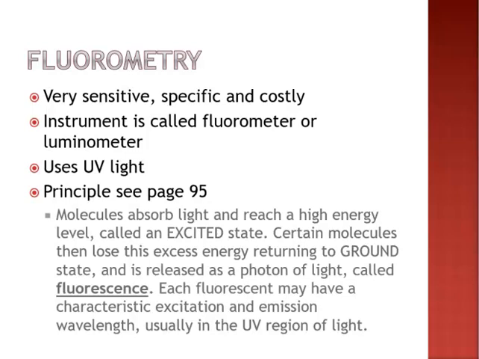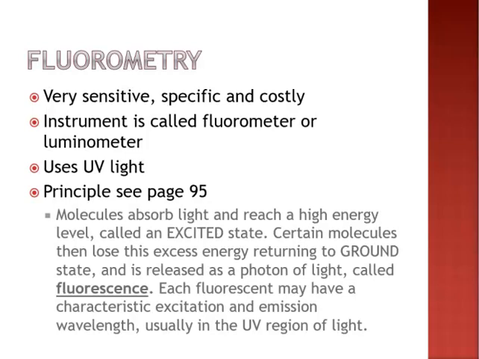Certain molecules then lose this excess energy, returning to a ground state, and in the release is a photon of light called fluorescence. Each fluorescent may have a characteristic excitation and emission wavelength, usually in the UV region of light.